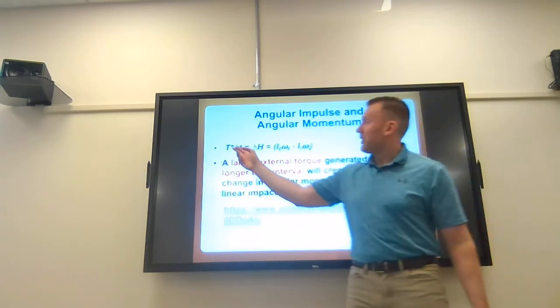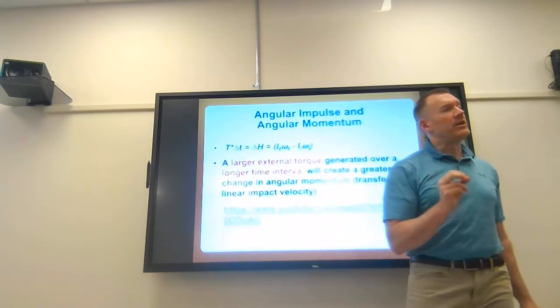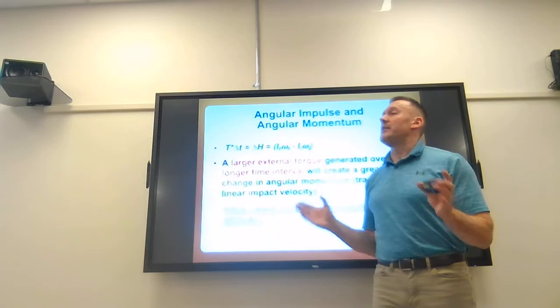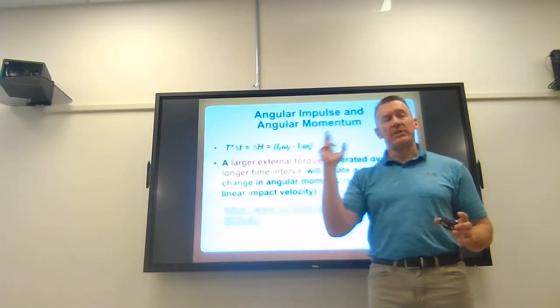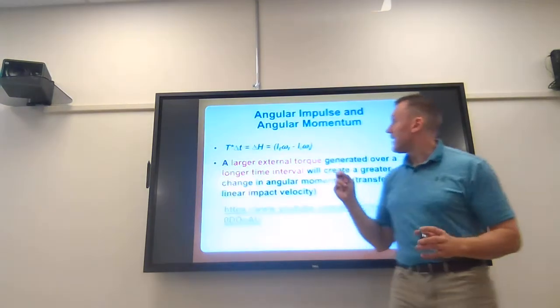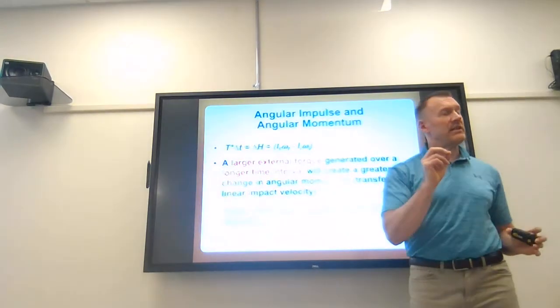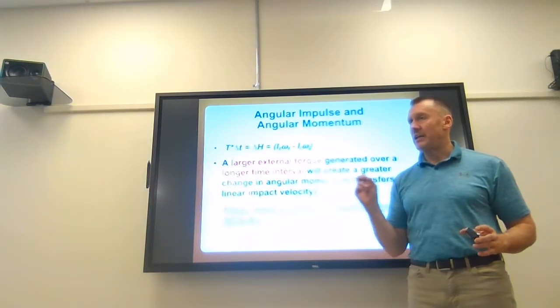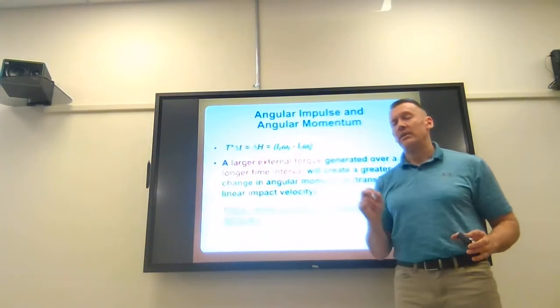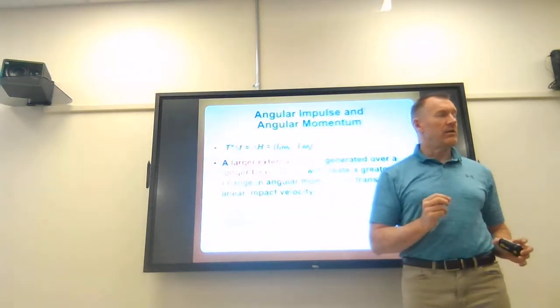We can also apply a torque over a period of time to bring an object or body at rest into motion, where it would be rotating, in which case initial angular momentum would be 0, because we're applying a torque over a time period to initiate rotation.